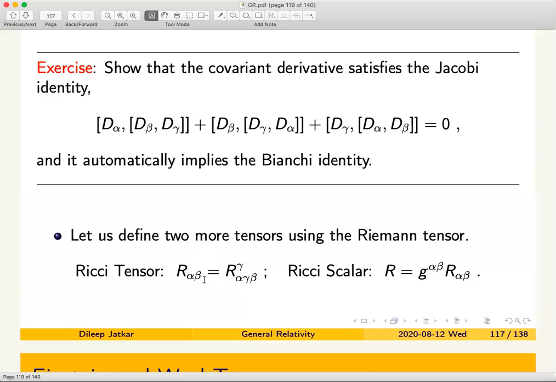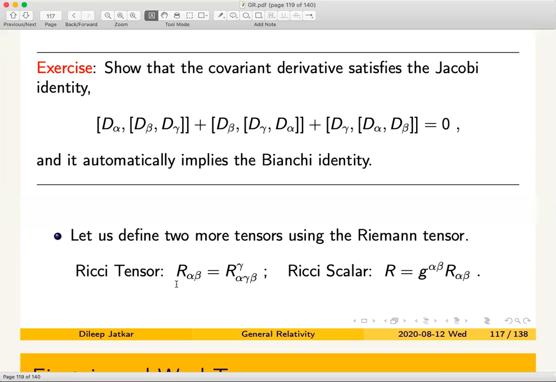Okay, this of course is not immediately obvious from the Riemann tensor form, because we haven't said anything about the symmetry properties of this object, but we have definitely talked about the symmetry properties of the all-covariant-index Riemann tensor. Nevertheless, if you write down this expression explicitly, you can always check that the Ricci tensor is symmetric in alpha and beta.